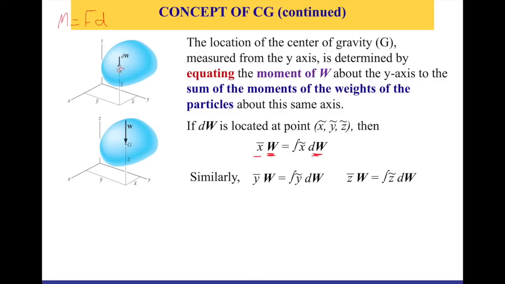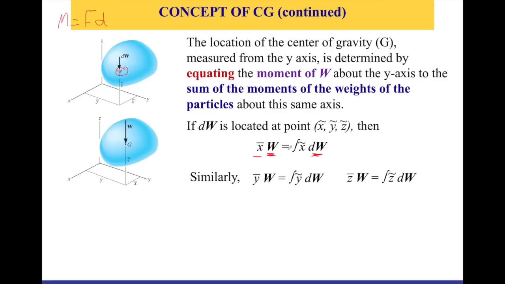This is one of the small objects that make up the entire body. We have an infinite number of these. The infinitesimally small dW represents the weight, which is a force, multiplied by the distance x tilde, the distance from the y-axis.